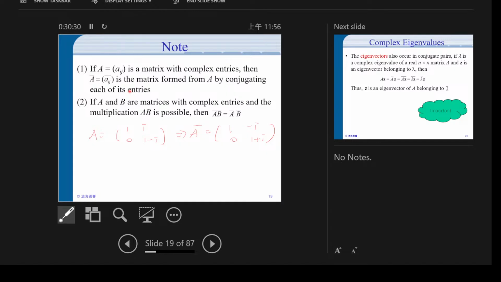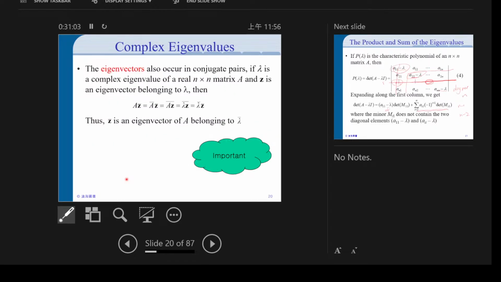So if you have A times B, then the conjugation of AB is just the conjugation of A times the conjugation of B. This is different from transpose: for transpose, you have AB transpose equal to B transpose times A transpose, but when you do conjugation, you don't need to change the order.